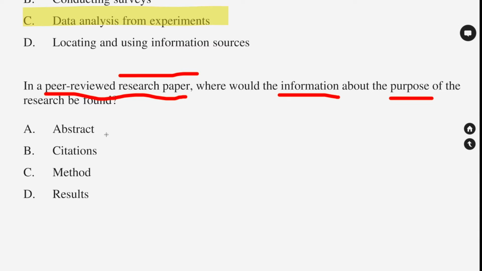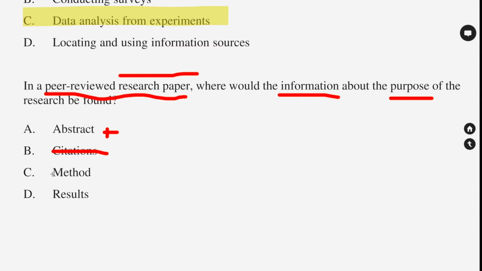So we've got the abstract. Now the abstract, of course, you remember its purpose is to give you information. So my first thought would be, well, maybe that's a very good possibility. So we'll think about that one. Citations. Well, citations we're going to get rid of, because essentially your citations are your references, where you got your information from.